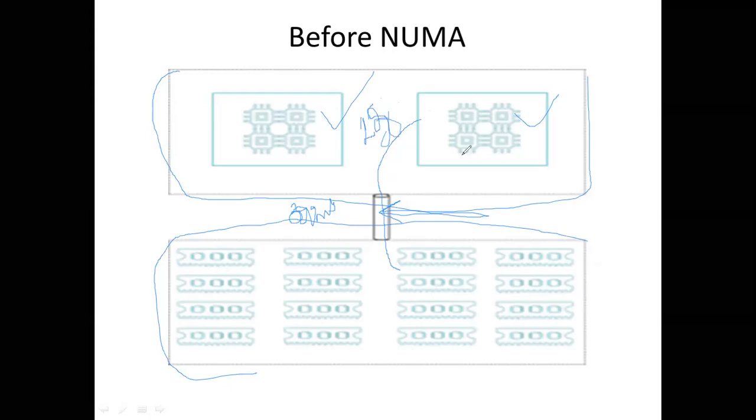If it was the only one accessing this north bridge, given that the maximum speed of this north bridge is 300 megabits per second, it was not really going to affect the speed.